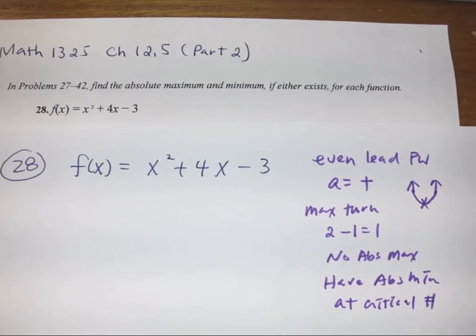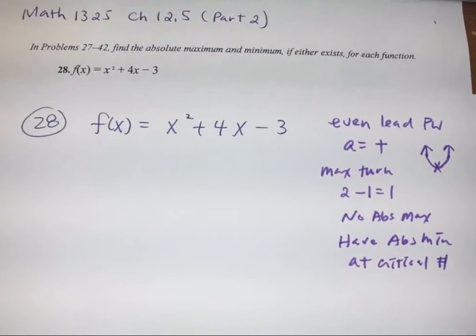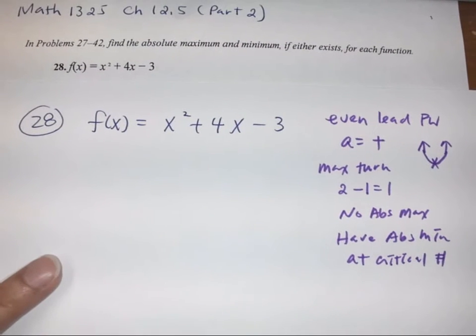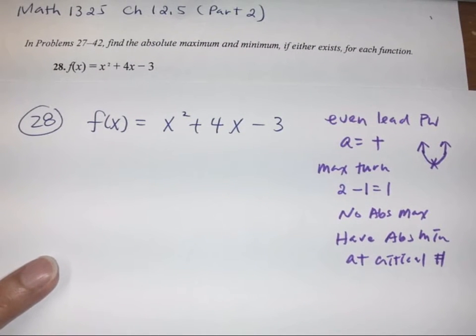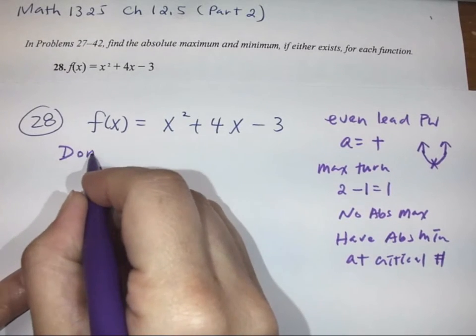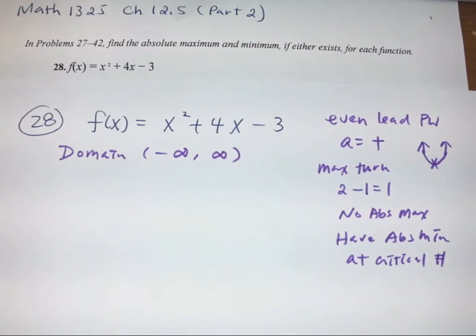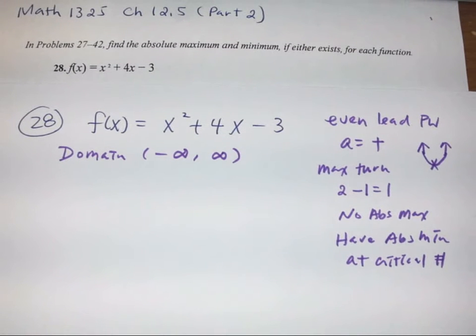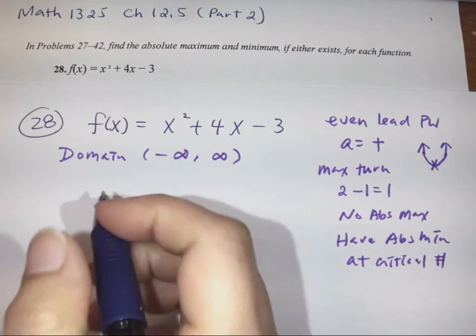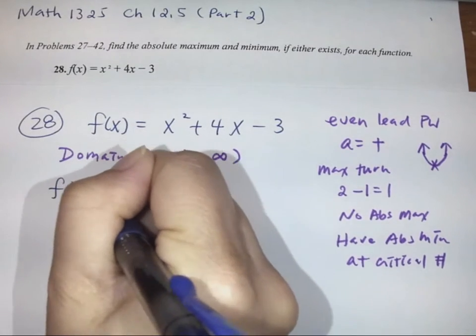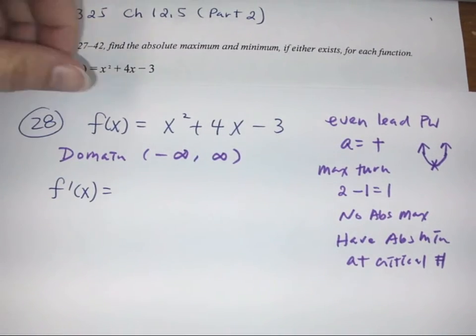Or critical number. Okay, so if we need that information, we're going to need to take the first and second derivative. We know the domain for this particular graph is negative infinity to positive infinity. And then we find f prime of x. Hopefully by now you're pretty good with the basic rule.